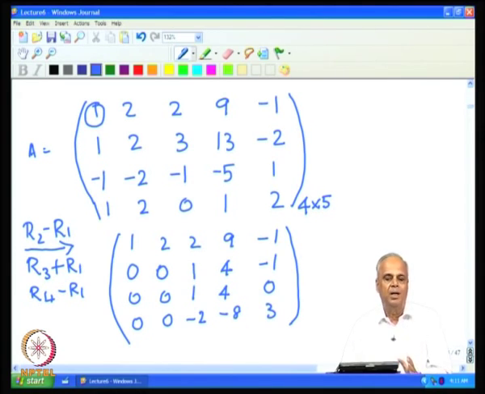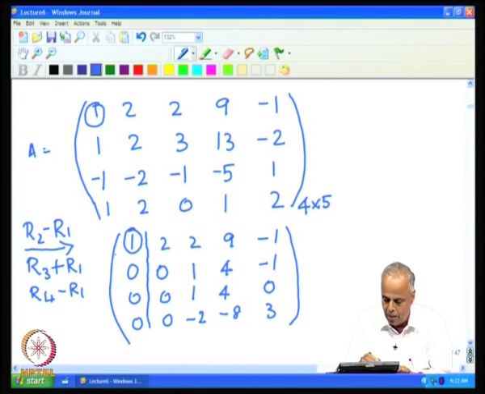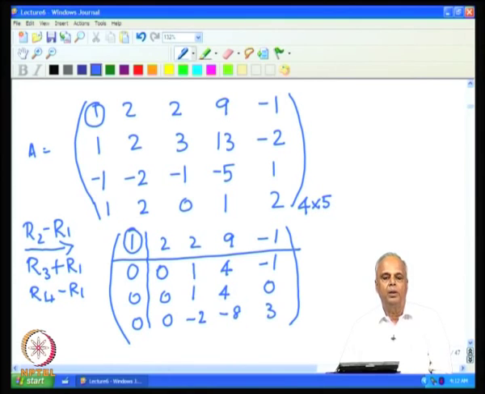This completes the full operation of the FCO on the first column of the matrix A, at the end of which we get the first column with a pivotal entry and everything below that 0. What we do next is look at the submatrix obtained by ignoring the first column and the first row.